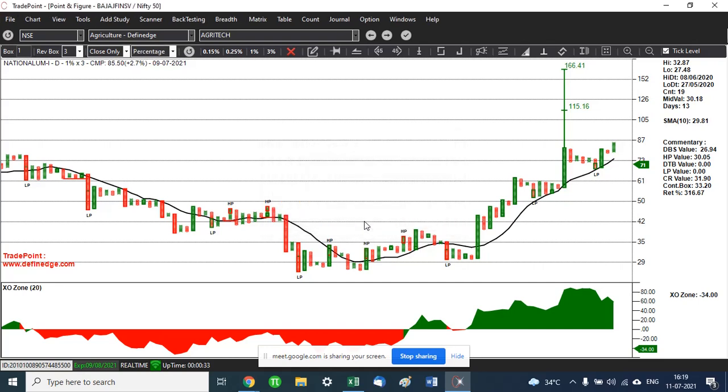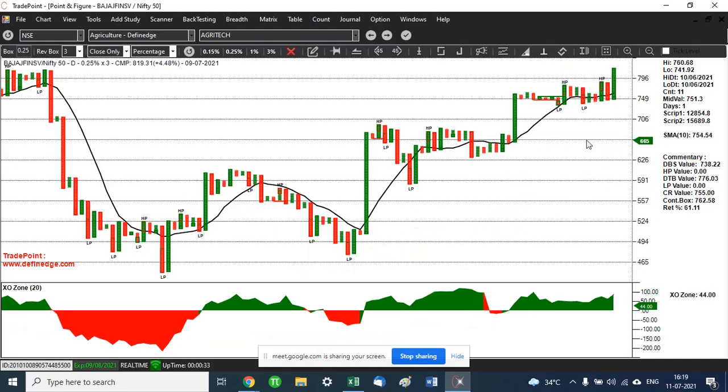So this is plotting a relative strength chart of Bajaj Finance on point and figure. So it's Bajaj Finance divided by Nifty 50 on a point and figure basis. So we can see here that this ratio chart is clearly above the moving average and it has generated a double top buy, right?